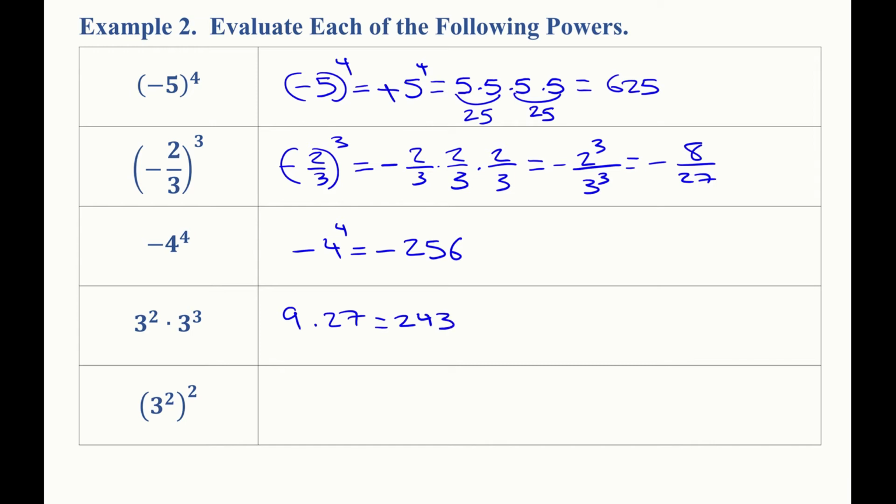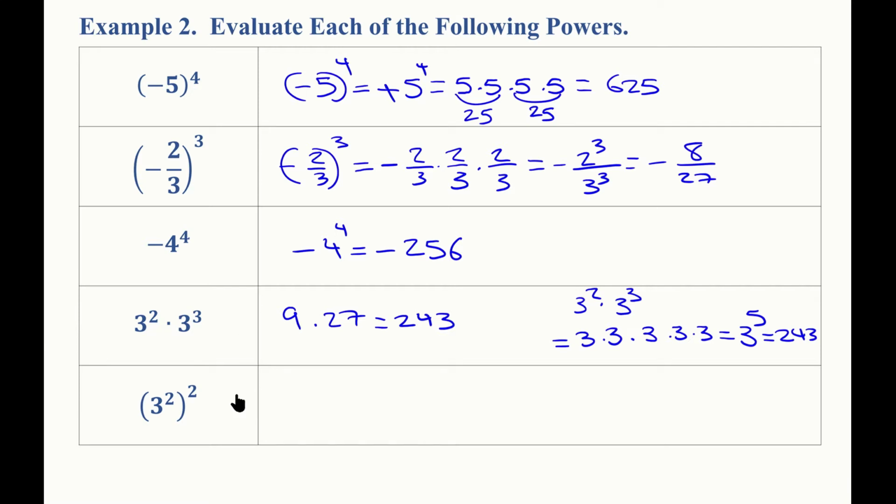Or we could have realized that 3 squared times 3 cubed, that means 3 times 3 and then 3 more factors. So that's actually 3 to the 5. And we have that in our table. We know that that's 243.